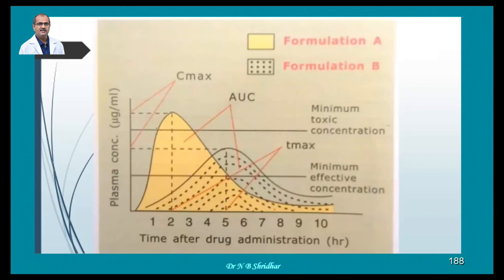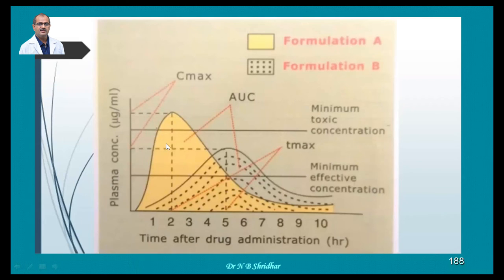Just assume that the yellow one is A, which has the area under curve here, this first slope. The x-axis is the time after drug administration in hours, whereas the y-axis is plasma concentration, maybe in microgram per ml, or milligram per ml also.